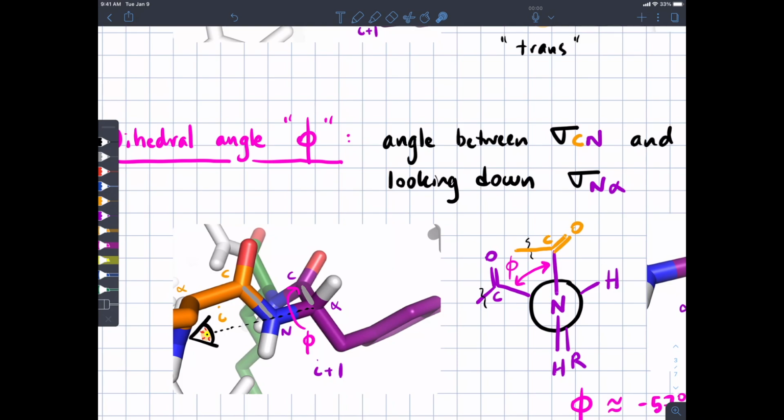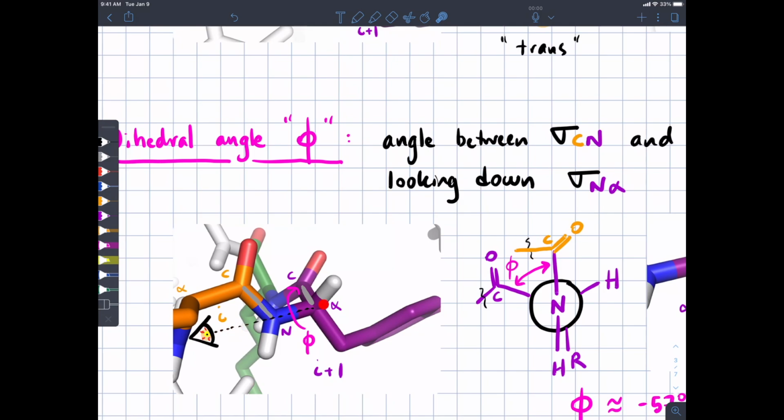And then we're going to look specifically at the angle between the two bonds that I've labeled in gray. So on the nitrogen in the front, we're going to focus on the bond between nitrogen and carbonyl carbon. For the alpha carbon in the back, we're going to focus on the bond between that alpha carbon and the carbonyl carbon, because the phi angle should describe the behavior of the peptide backbone, and these are the bonds that are involved in the peptide backbone.